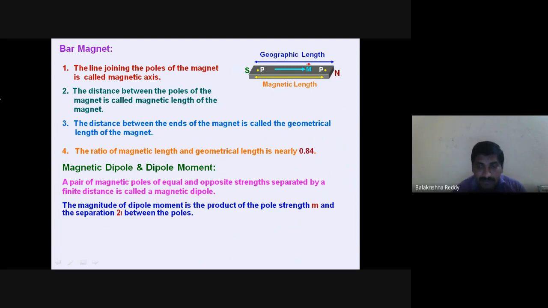So the product of pole strength and its separated length we call the magnitude of magnetic dipole moment. Dipole moment is different. Magnetic dipole is different. Dipole moment is different. Same as charges: two charges are there, electric dipole is different, dipole moment is different. Dipole moment possesses vector nature here.